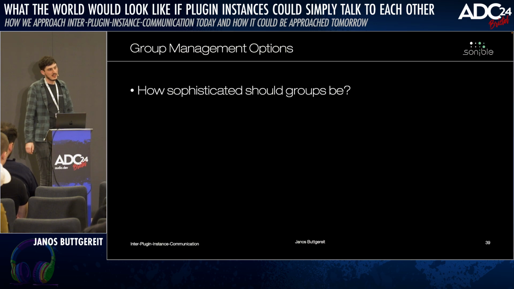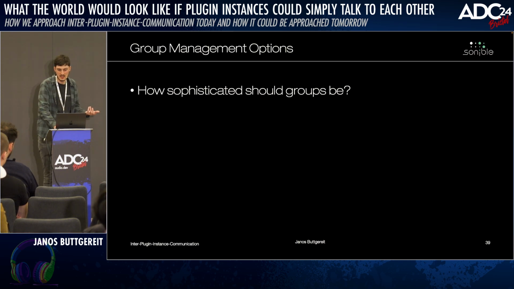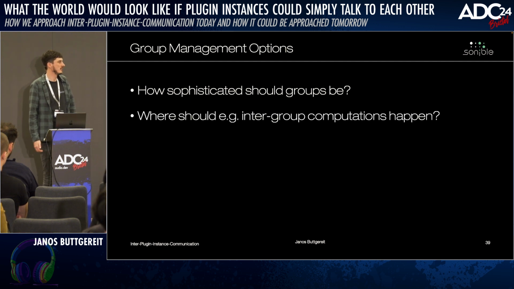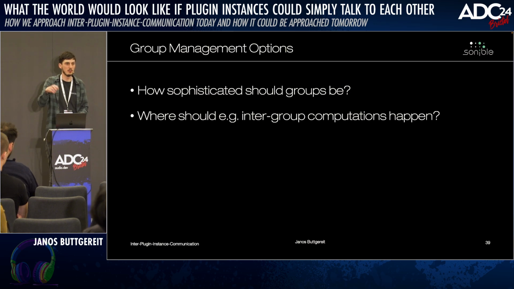And I think the question here is how sophisticated should groups be? And stuff like inter-group computations, where should they happen? So you see this group impact I said. This is a computation done for all plugin instances on data gathered in the group, but that has to be performed in one specific place.